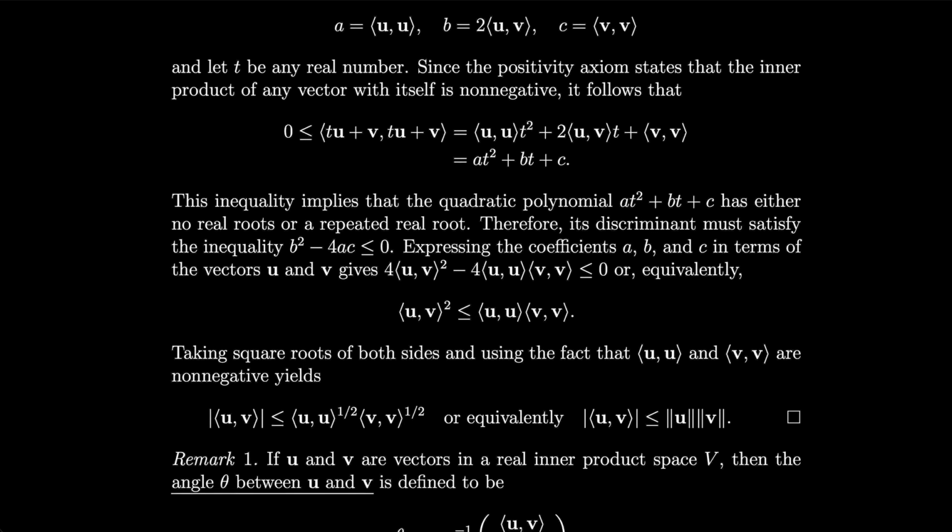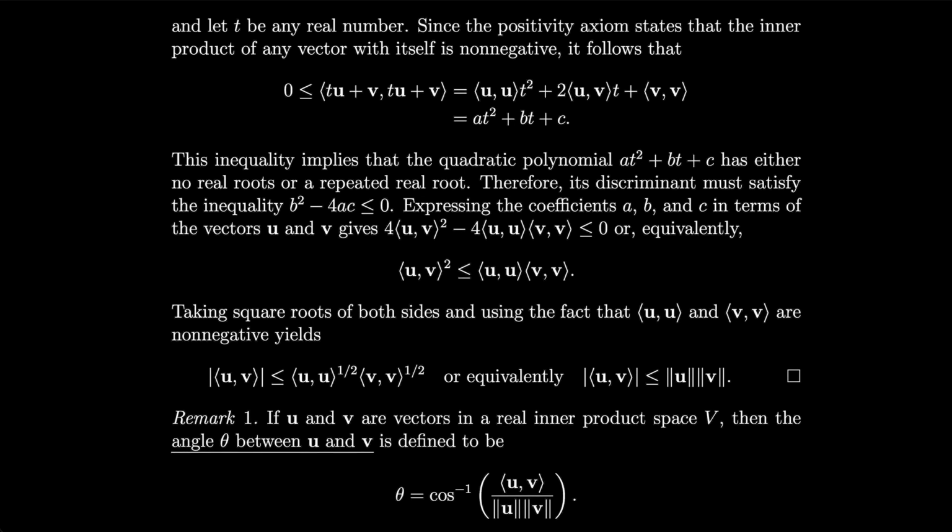So our inequality implies that the quadratic polynomial, at squared plus bt plus c, has either no real roots or a repeated real root because it's greater than or equal to 0. So therefore, its discriminant must satisfy the inequality b squared minus 4ac is less than or equal to 0.